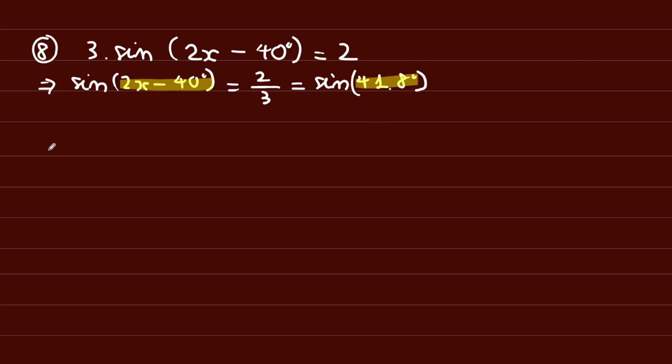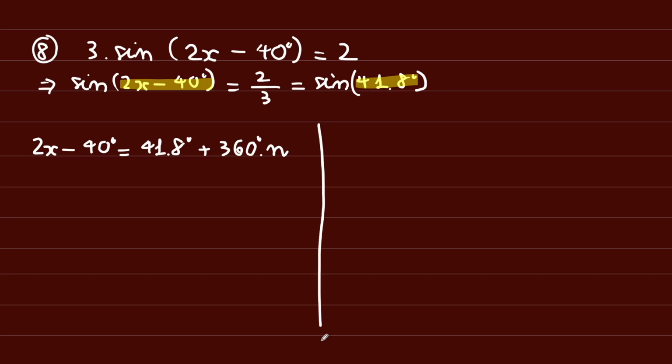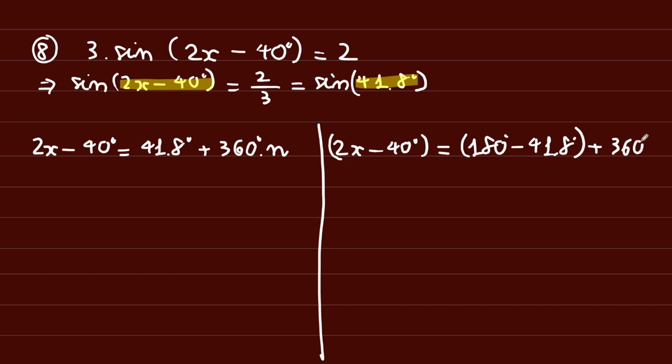We have to convert this into the two general solutions. The first of them will be 2x minus 40 degree equal to 41.8 plus 360 degree multiply n. And the second general solution, 2x minus 40 degree on the left, and on the right you got the supplementary angle, 180 minus 41.8 degree here, and keep 360 degree multiply n unchanged.